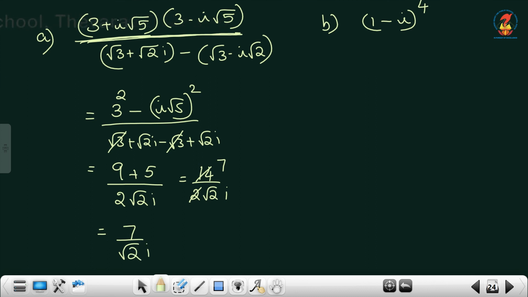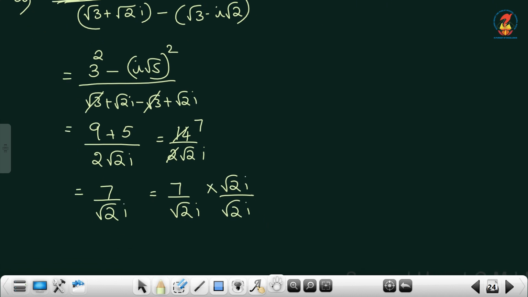Again we have to rationalize. So 7 by root 2i, you have to multiply by root 2i. So 7 root 2i by root 2 into root 2 becomes 2. i into i is i square, which means minus 1.